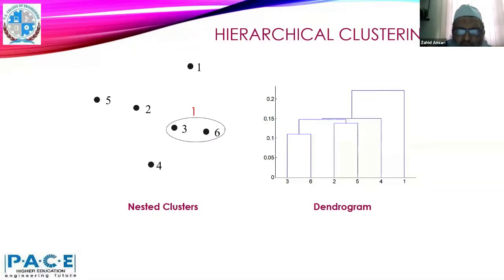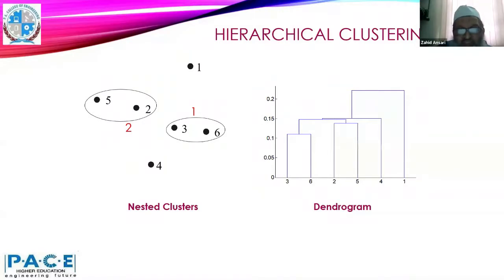Now which is the next closest pair of clusters? Basically, 2 and 5 are the closest. The distance between 3 and 2 is more than between 2 and 5. So 2 and 5, as per the single link, get merged.